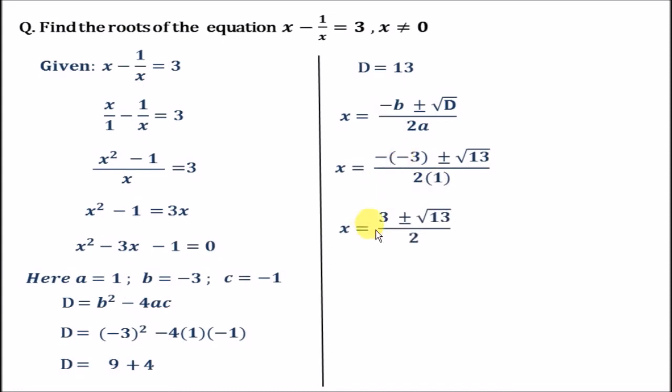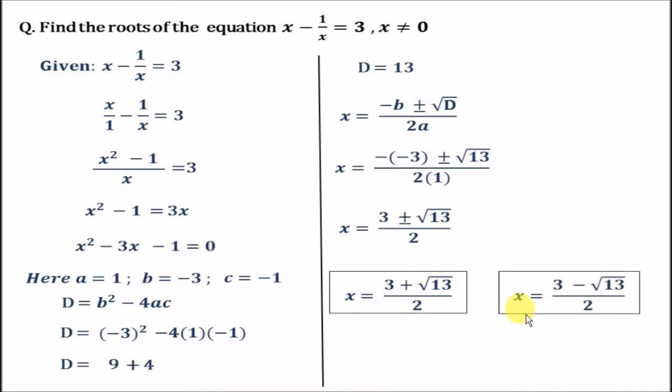Minus into minus plus, so we'll get 3 plus minus root 13 by 2. 13 here is a prime number, so root 13 cannot be factorized further. So we'll simply write the two roots as x equals 3 plus root 13 by 2, and the other root as x equals 3 minus root 13 by 2.